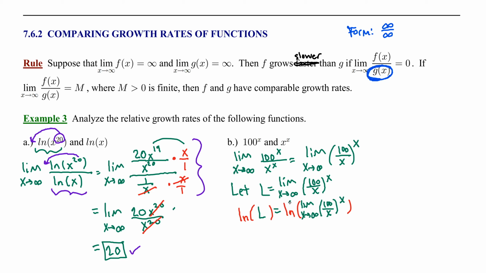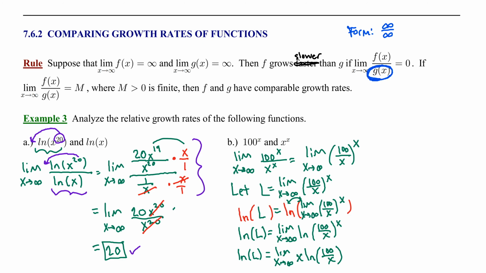And as we have seen previously, we can reverse the outside function and the limit operator so that we have the limit as x approaches infinity of natural log of 100 divided by x raised to the x power. Then, as we've been practicing, we can take the exponent on the argument of that natural log and move it down in front as a coefficient.